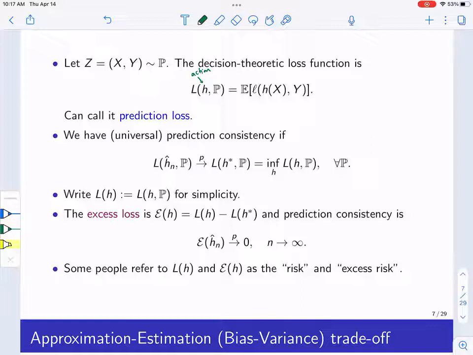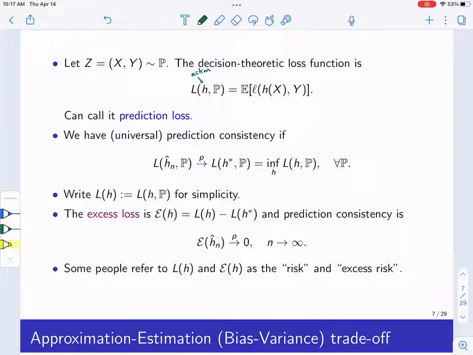What we care about is, if I have a prediction rule, let's say the ERM, I can apply this loss on it and see how well I'm doing. This is the prediction performance or prediction loss of that. If you have universal consistency, this converges to the loss of H star, which is the optimal predictor, the minimizer of this basically.